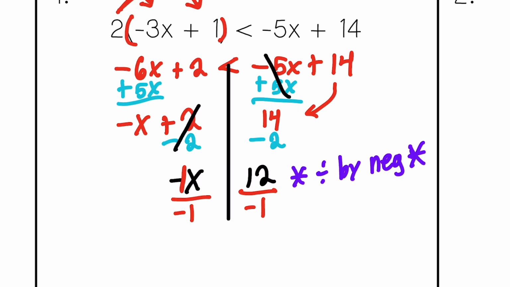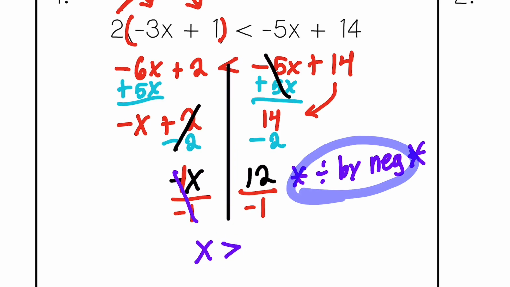Remember, I need these alarms to go off in your head because that will change your answer. Negative divided by a negative goes away, and my sign is going to flip into a greater than sign. So my less than sign now becomes a greater than sign. And that's, of course, when we divide by a negative. Finally, 12 divided by negative 1 is just negative 12.